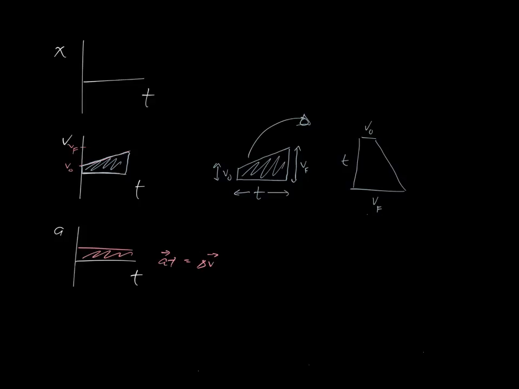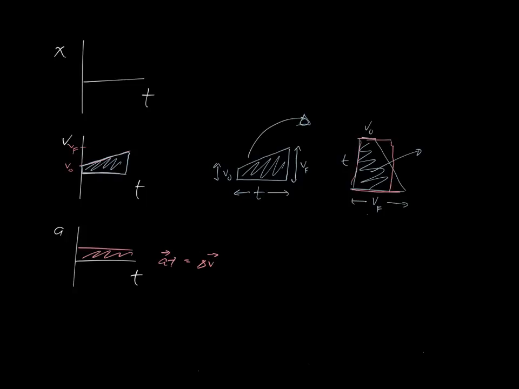Well, if you know areas of different shapes, trapezoid actually makes a lot of sense. Obviously, it's not V final times t. That wouldn't work. That would get you a larger area than that trapezoid. But if you take the average of this base and this base, then you'll get something in the middle, right?